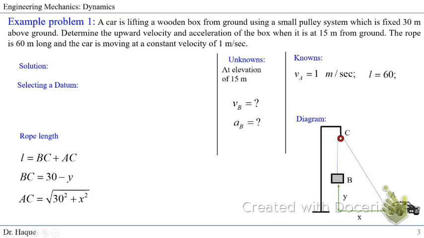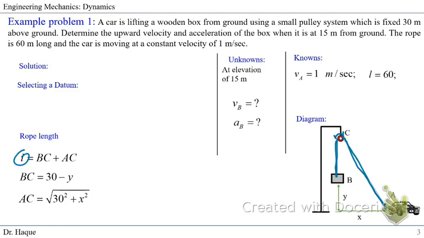Now we know for a dependent problem, first we apply the position equation, which is the rope length in this case. The entire rope length L is BC plus AC, and since it's a very small pulley, we don't worry about this part here. BC, this length, and AC make up the entire length of the rope, and that's what we assume. What is BC from the datum?